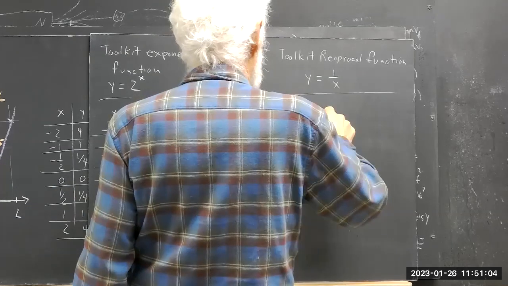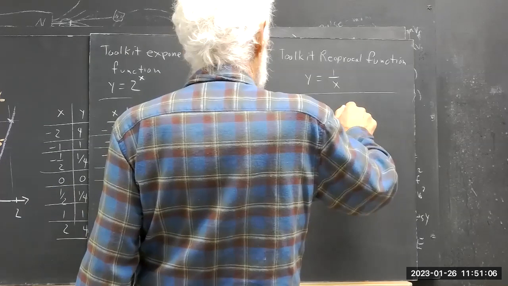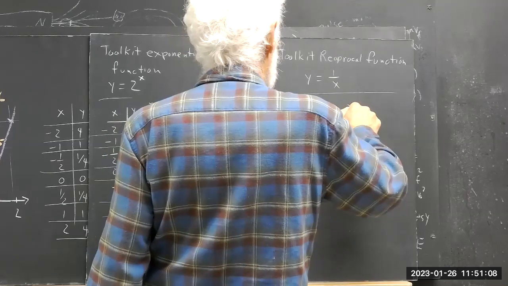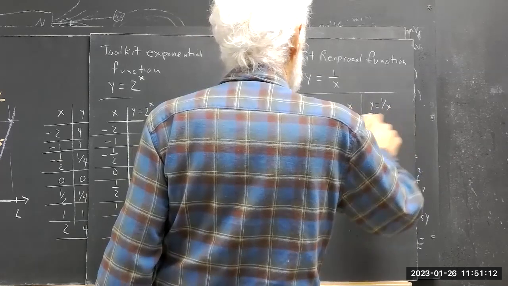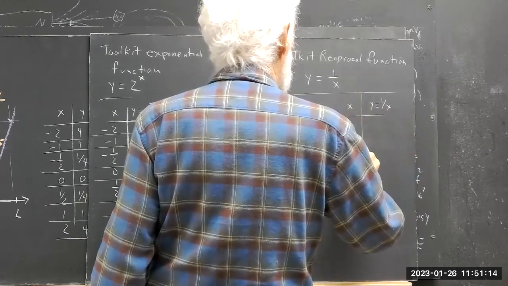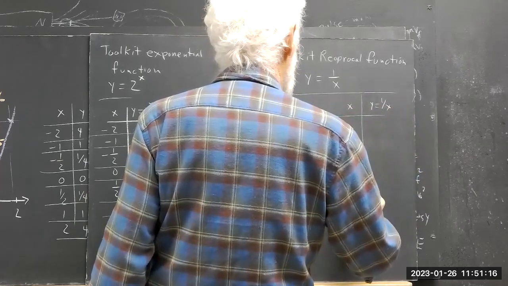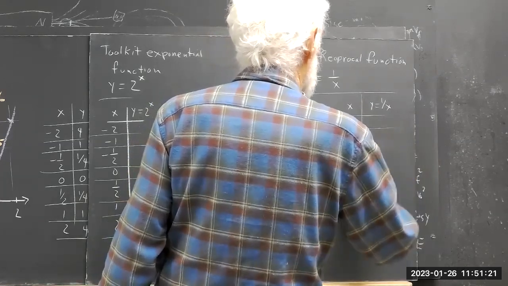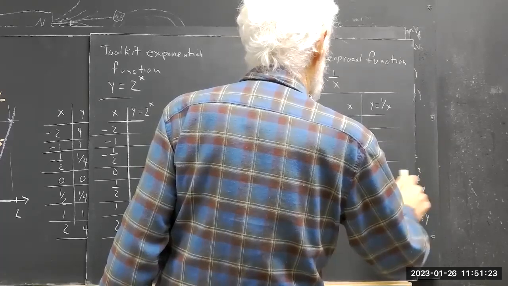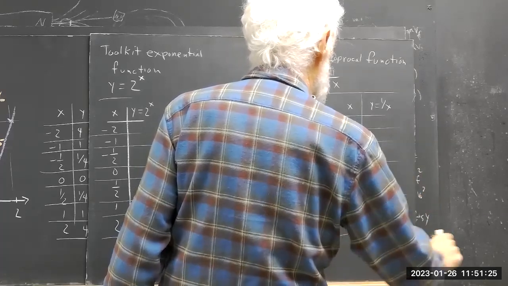So we make a table. We always use the same numbers. Open Math is going to use other numbers. Open Math is going to use a calculator.